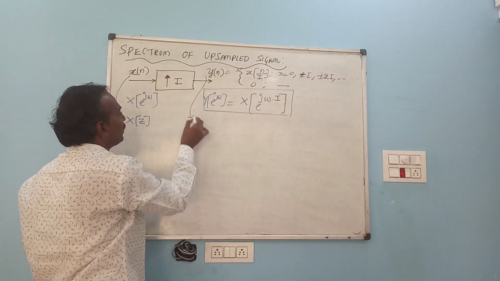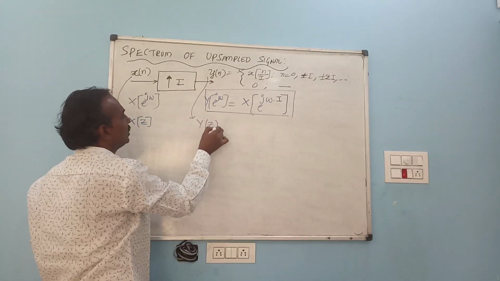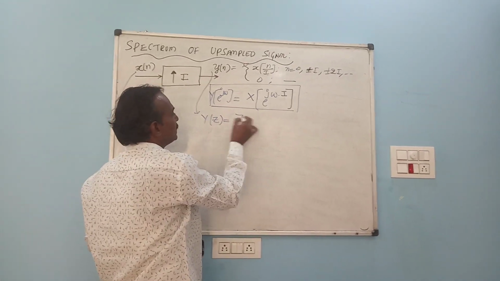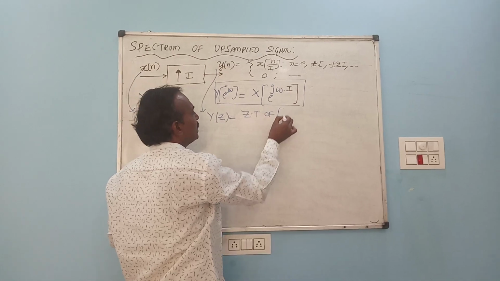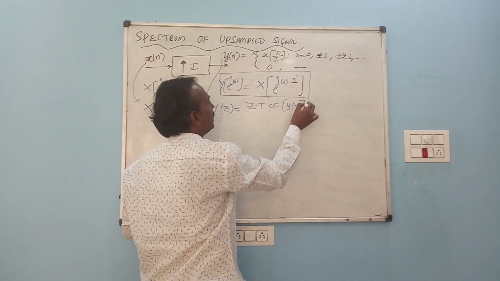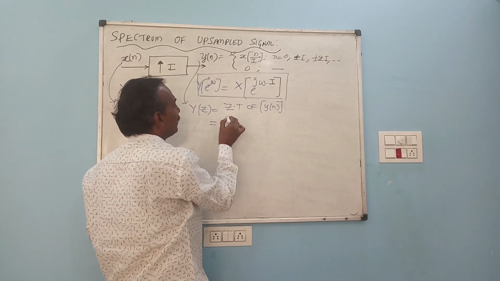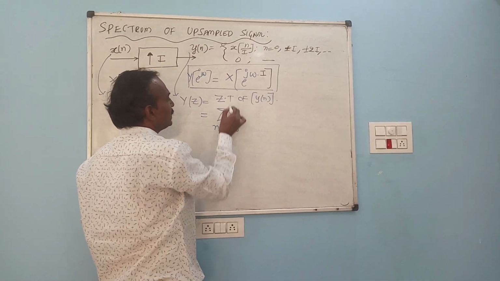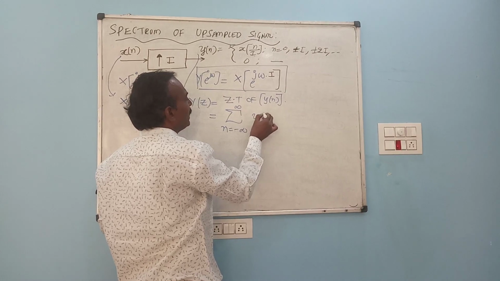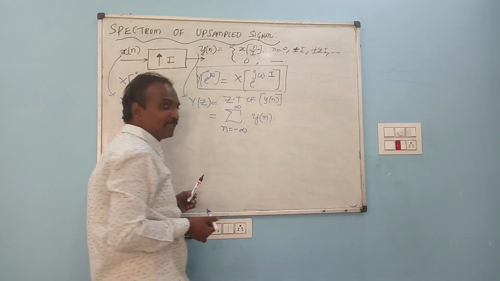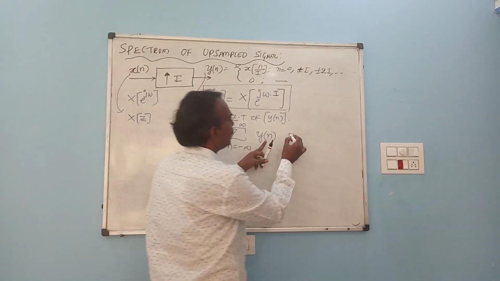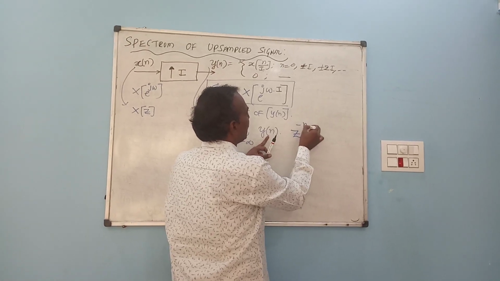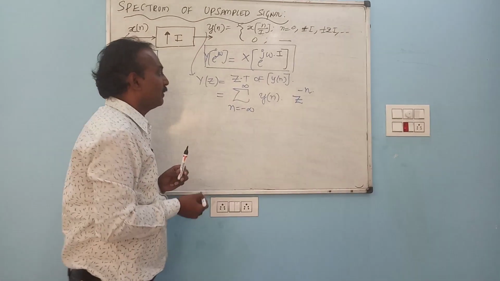Now if I write Y of z, this is the z transform of y of n. The z transform formula is summation, n from minus infinity to infinity, y of n into z power minus n. This is the definition of Y of z.